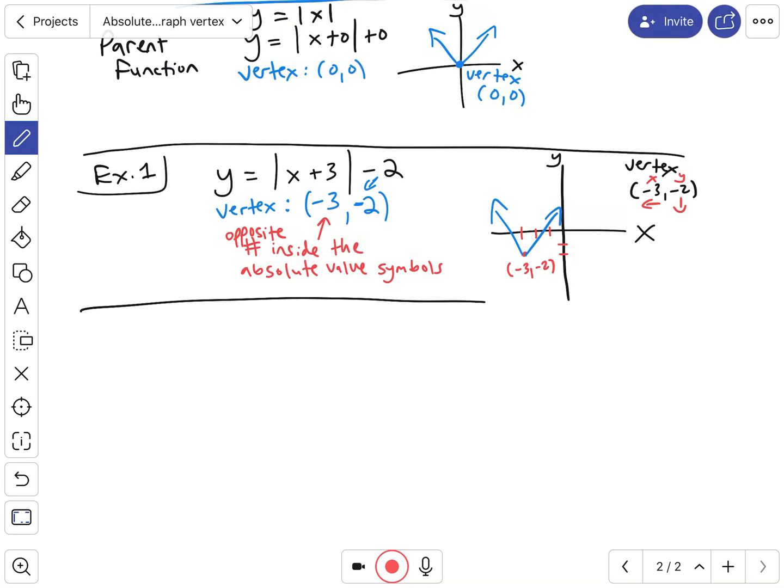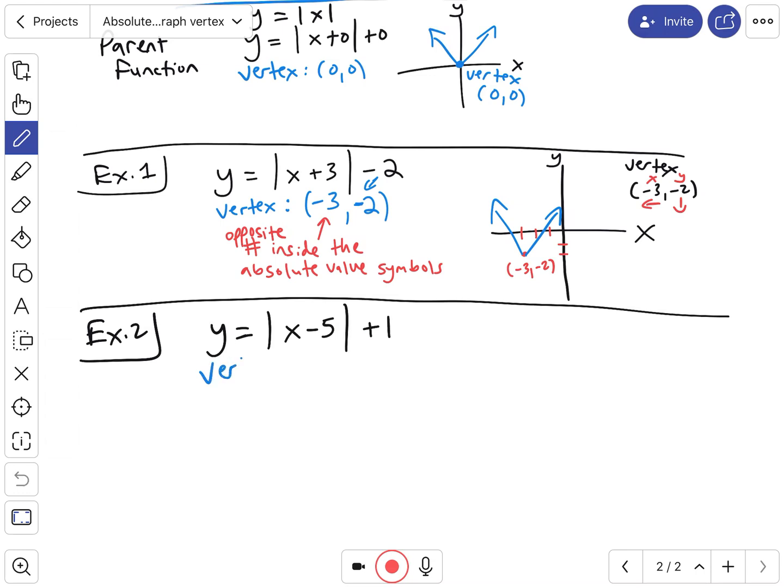Okay, so this is the last example. You have y equals, let's say, the absolute value of x minus 5, plus 1. Again, we want to find the vertex. Just like 5 comes first and 1 comes after, we're going to write it just like that.